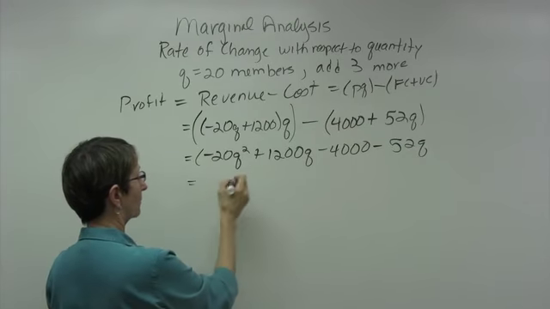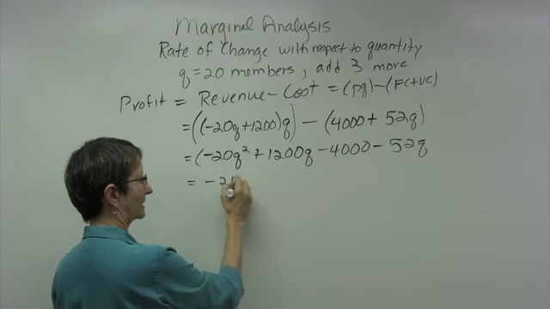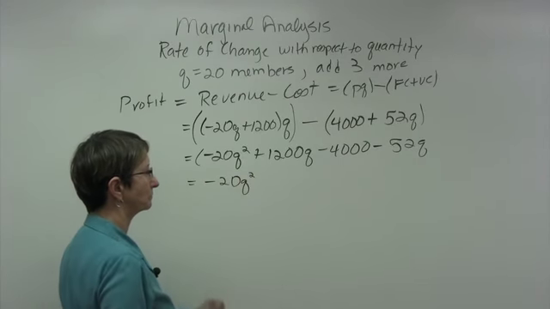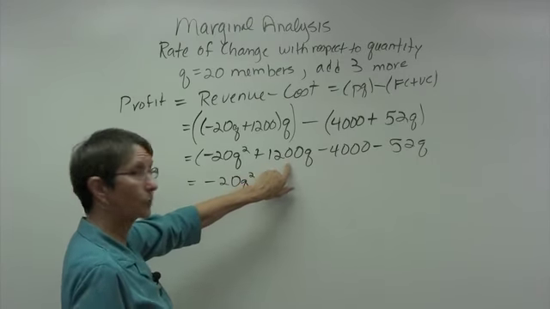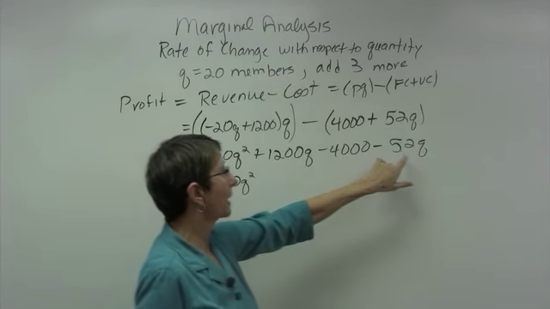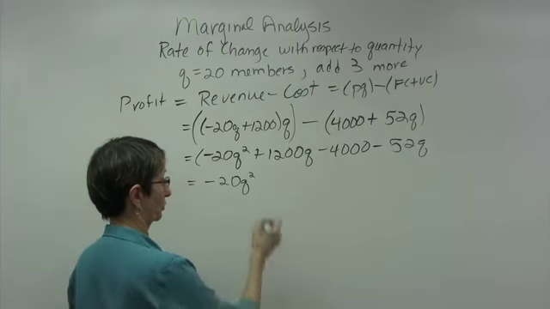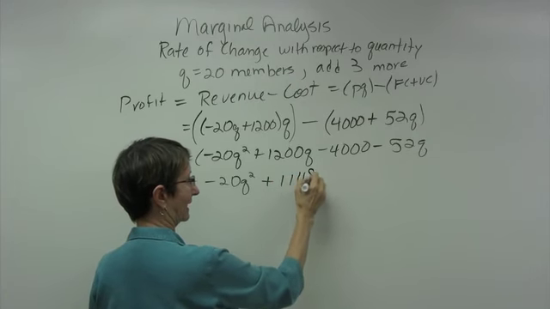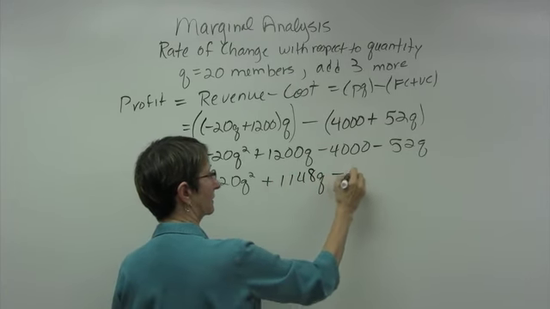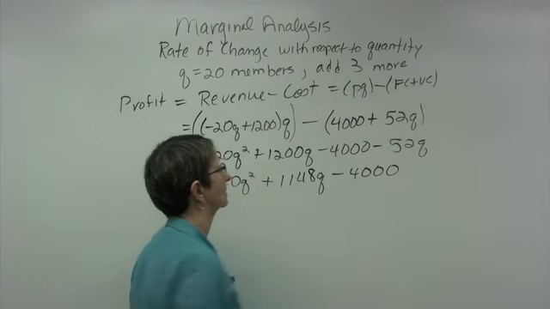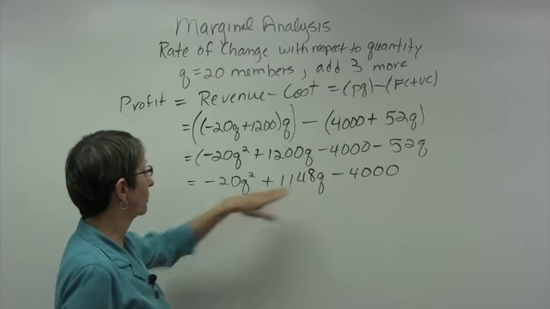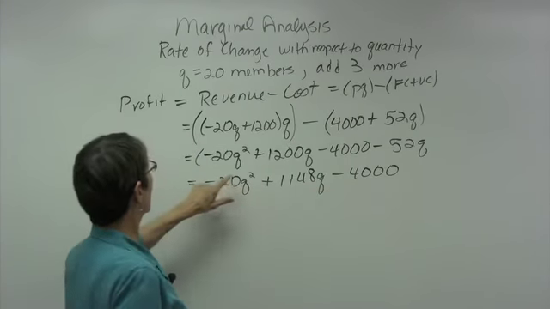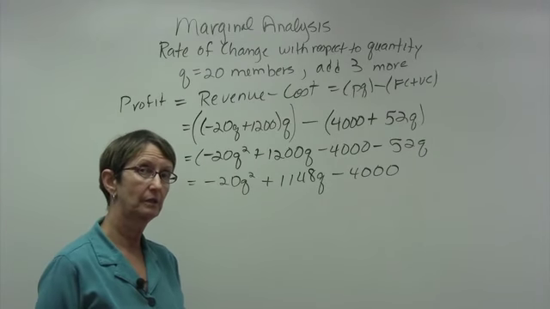So we put these together, we'll have negative 20Q squared plus 1200Q minus 52Q will be a plus 1148Q and then minus 4,000. So this is our quadratic profit function.